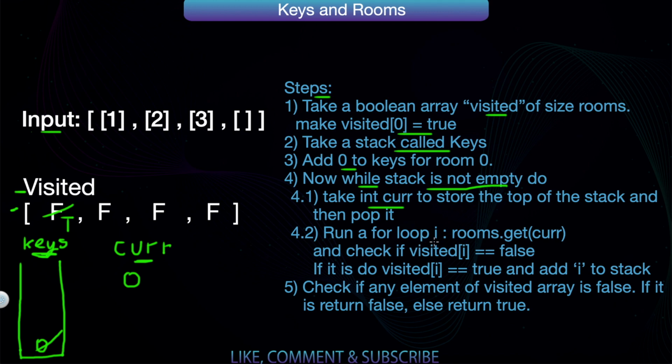Then we'll run a loop for i in rooms.get(current). So rooms.get(current) will give us this list which has 1 in it. So if visited i equal to false, then we'll make it true, and we'll add i to the stack. So our i is 1, we'll add 1 to the stack.